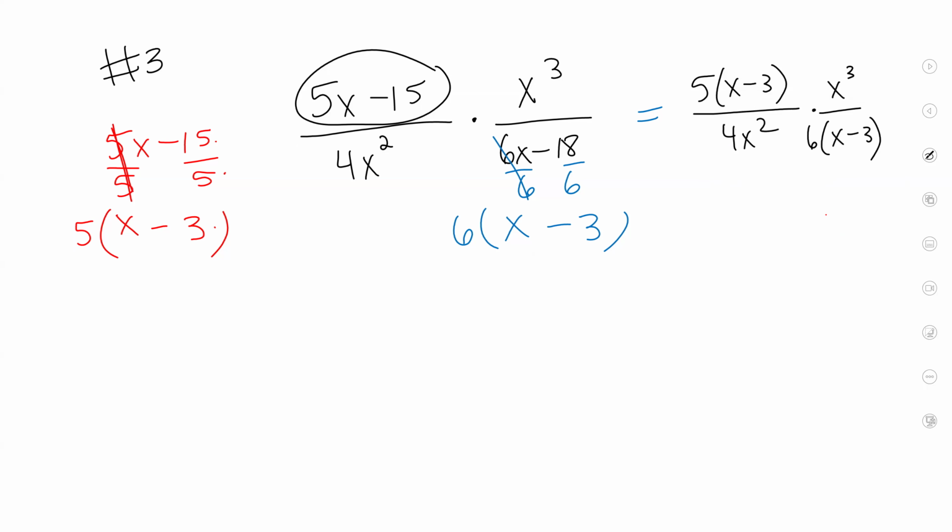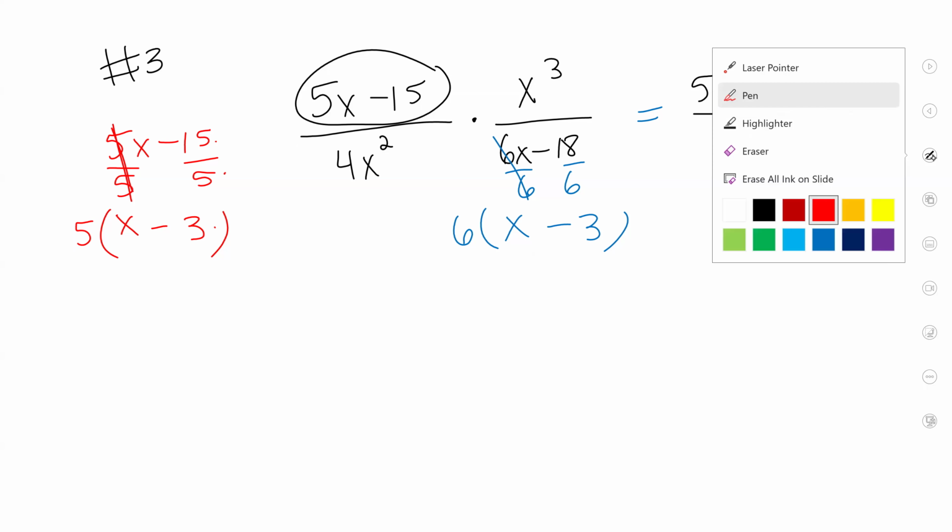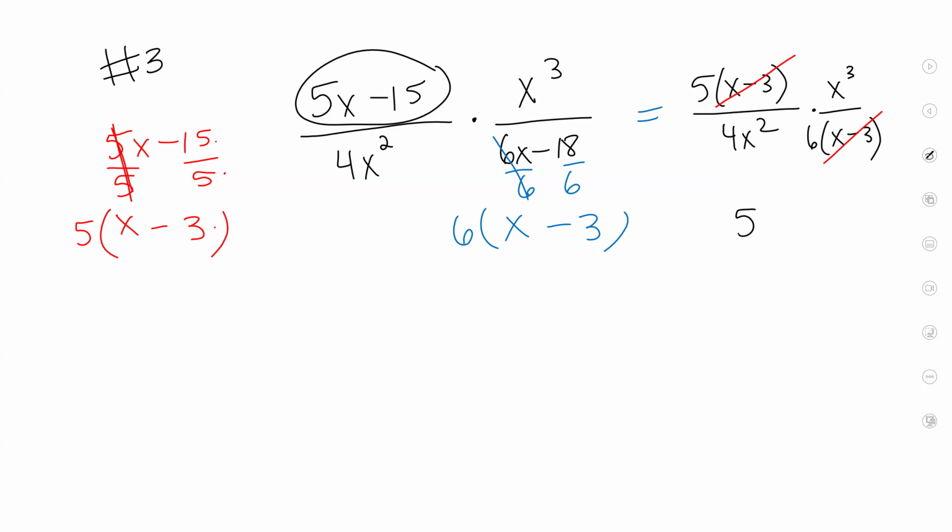Y'all see what cancels? Yep, x minus 3's cancel. What's left over is 5 with an x cubed over what's 4 times 6? 24 with an x squared. Can we simplify some more?